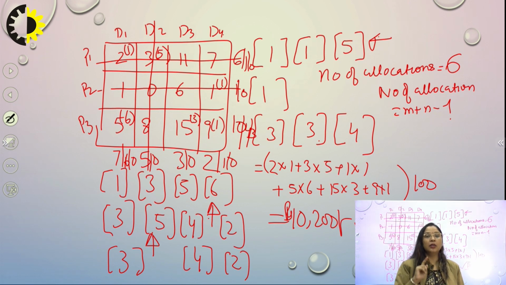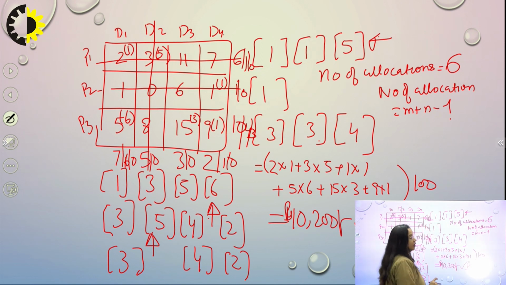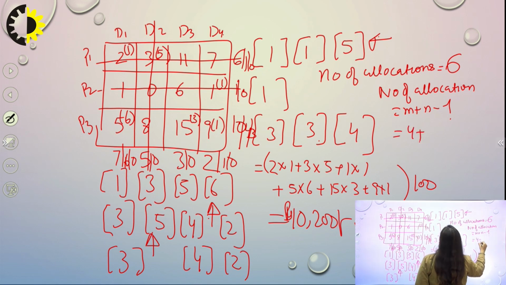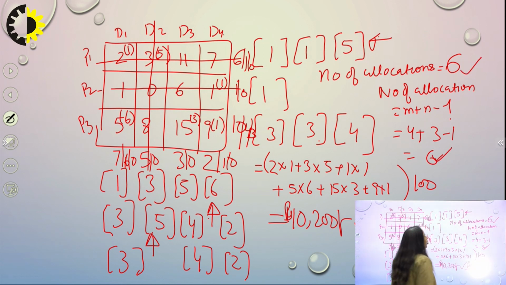That means there is 1 less, or 2 less allocations. Now m is 4 plus n is 3 minus 1 is 6. Number of allocations is 6 and this is 6. So according to our optimality test, we can go further.